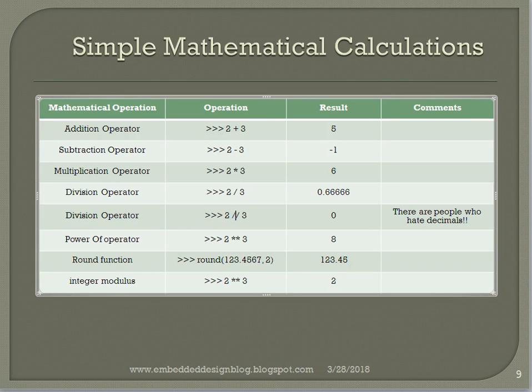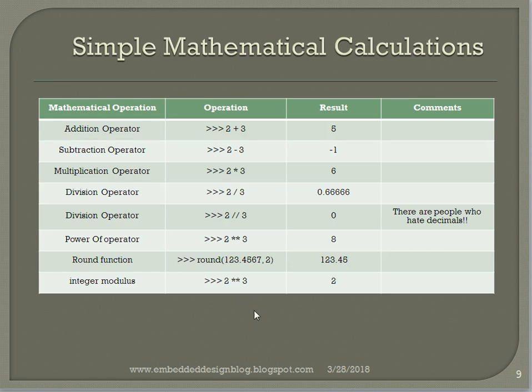And then the power operator is two multiplication symbols, and then rounding of the decimal values, and then again it's the same. So again here is a typo, sorry for that. This is 2 percent 3, which is the integer modulus, where the remainder of the division is taken. So all these kinds of simple mathematical calculations can be done, which are familiar from other programming languages.